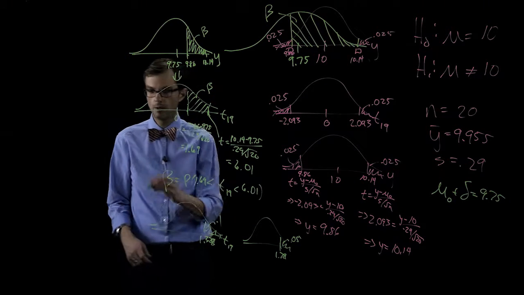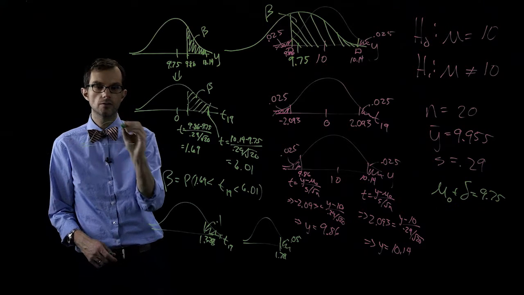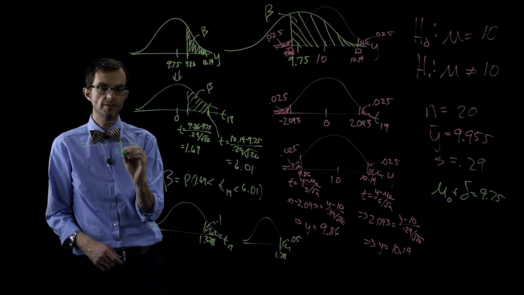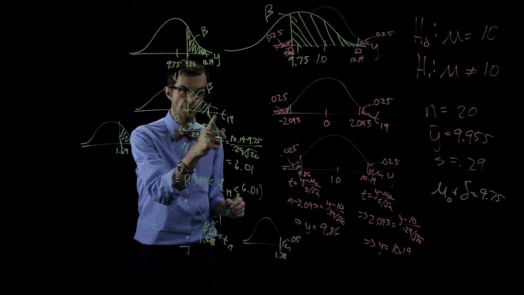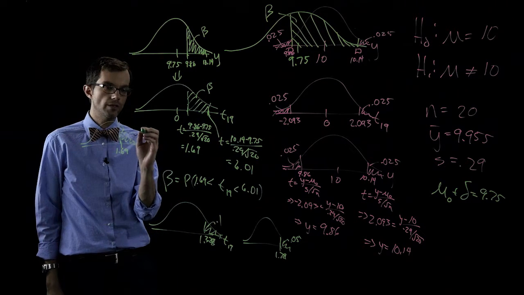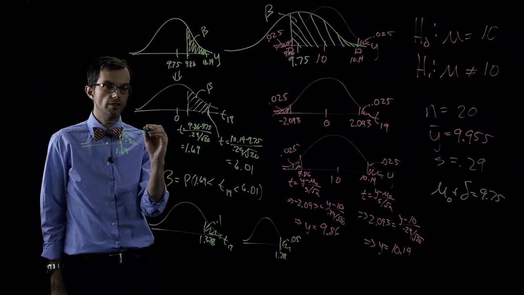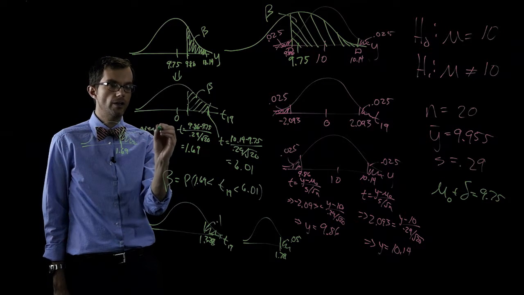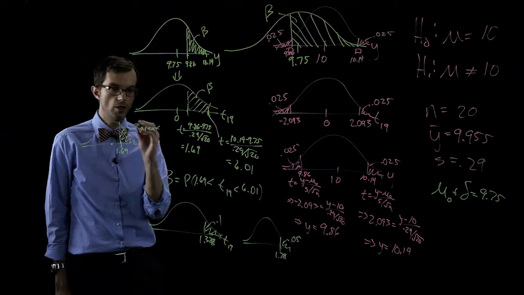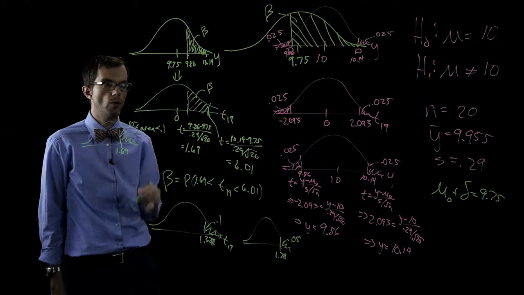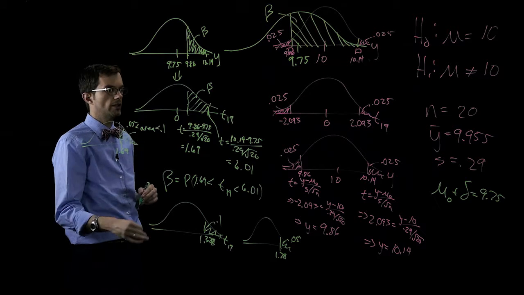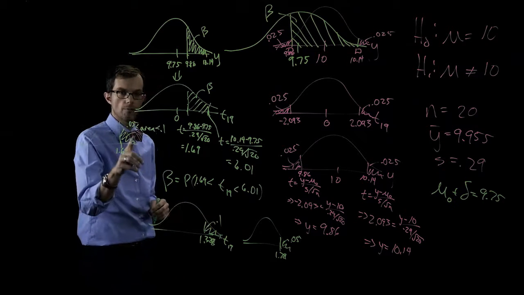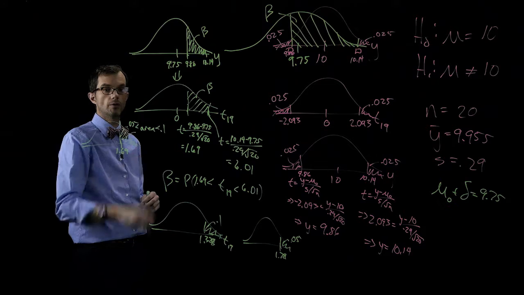That area is between 0.05 and 0.1. We don't know exactly what it is because we don't have that exact value, but we know it's between 0.05 and 0.1.